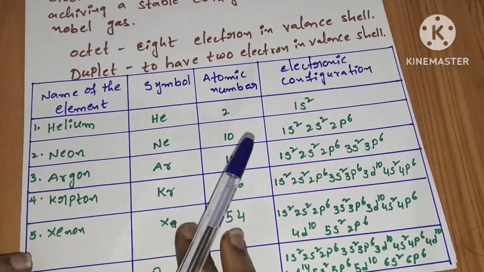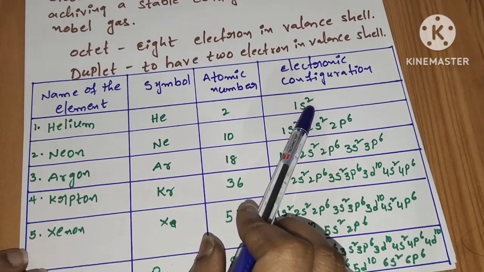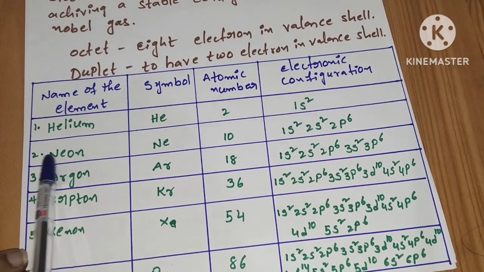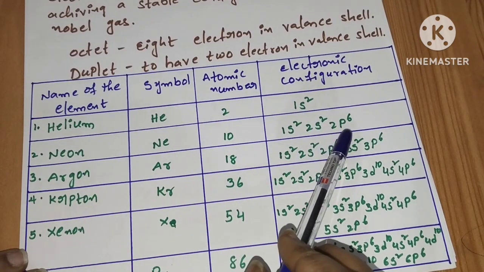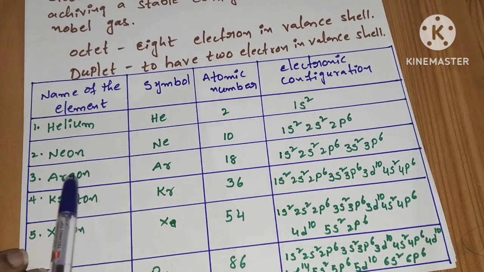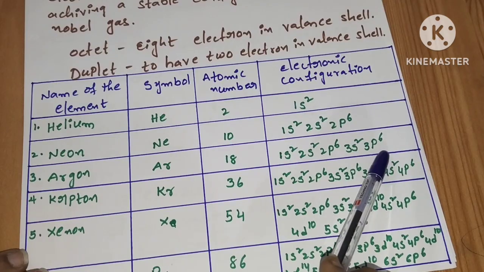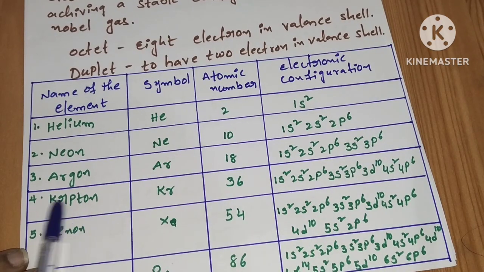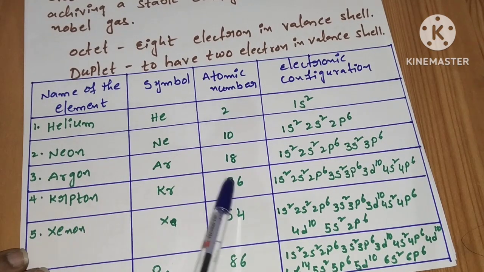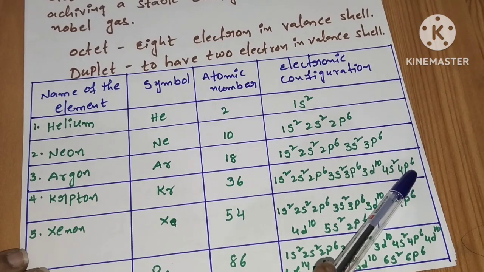For example, helium configuration is 1s2 and neon is 2s2 2p6. The outermost shell is completely filled. Next, argon 3s2 3p6. Similarly, krypton, atomic number 36, configuration 4s2 4p6.